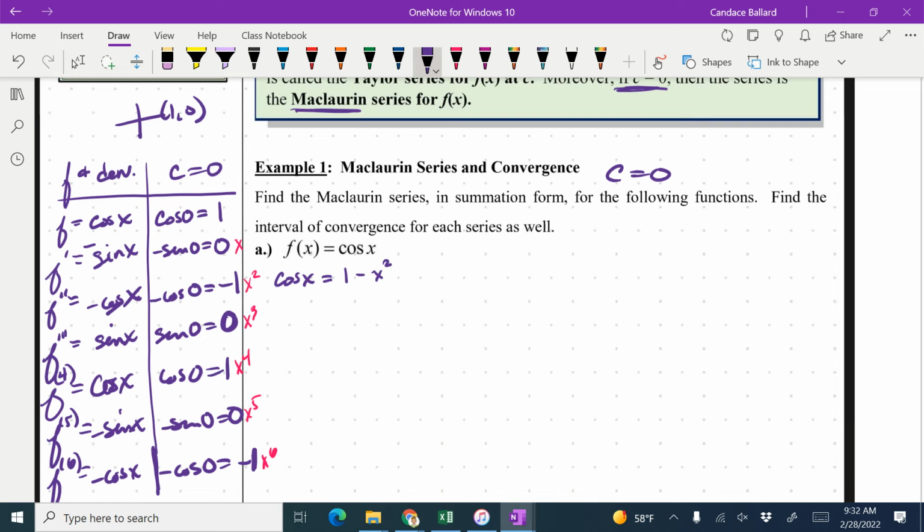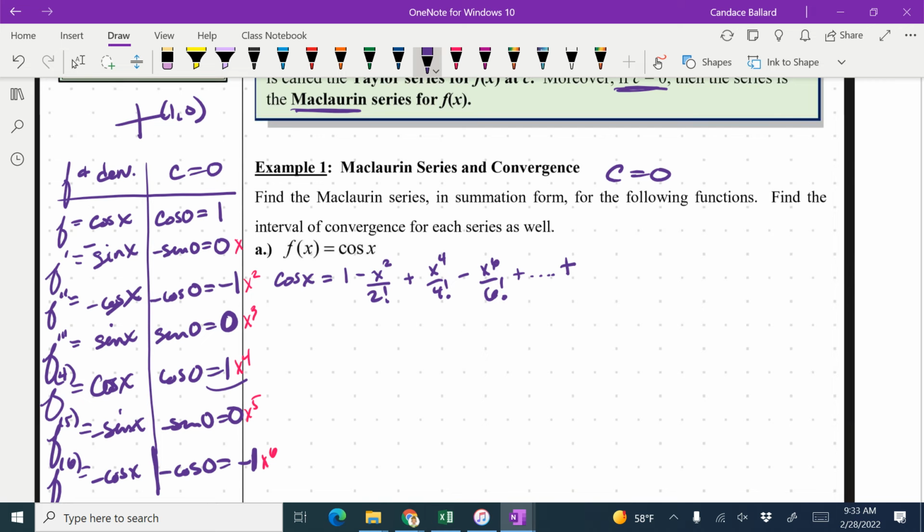Because that's my x minus c part. My coefficient was the negative 1 over 2 factorial. And then my next one looks like a plus x to the 4th over 4 factorial. And the next one is minus x to the 6th over 6 factorial. Plus dot, dot, dot, plus.